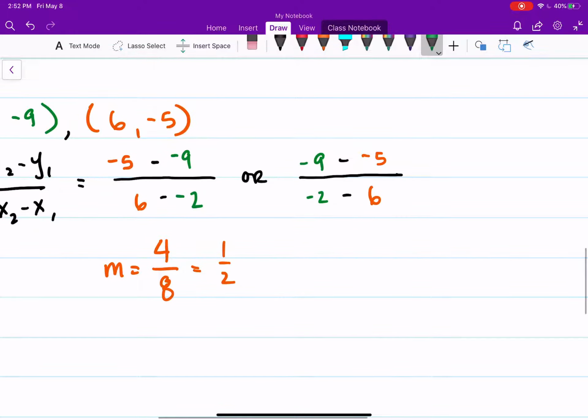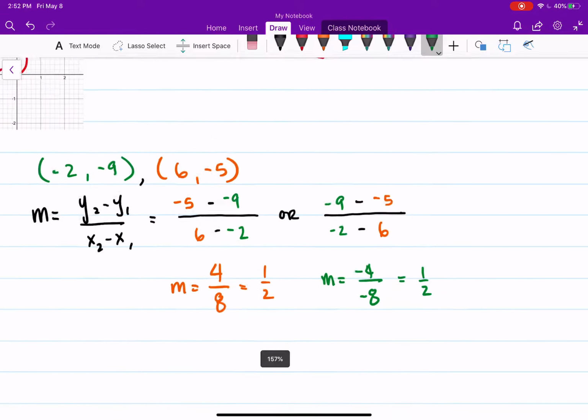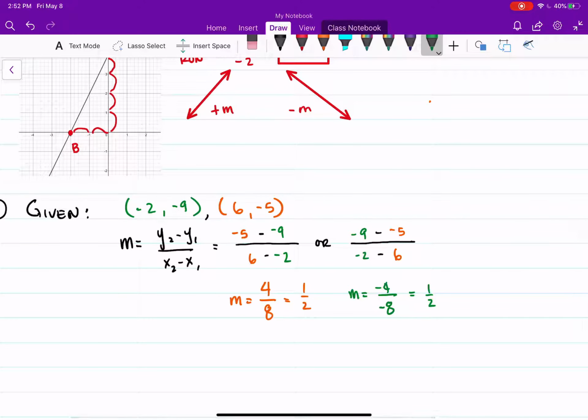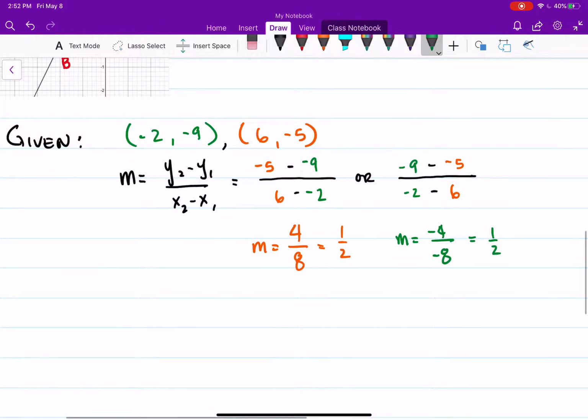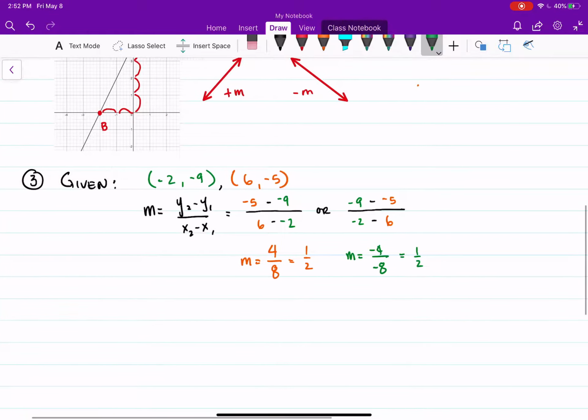There's the green point first. -9 plus 5 is -4, over -2 minus 6 is -8. So this is also going to come out to be 1/2. So again, depending on what you want to do, I'm still going to get the slope of 1/2. Okay? So that will still work.